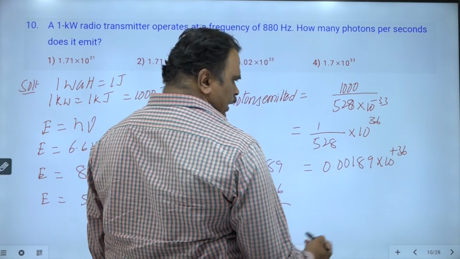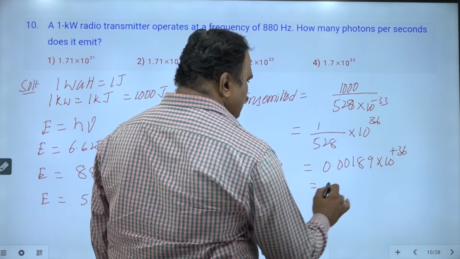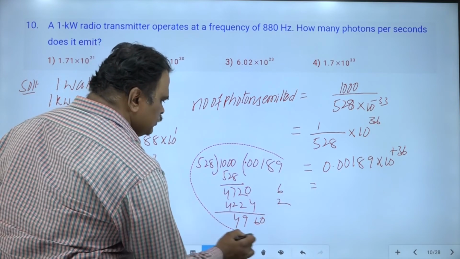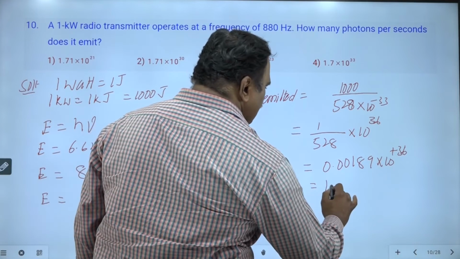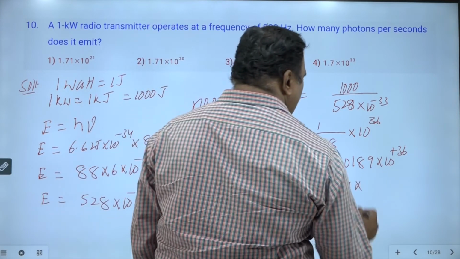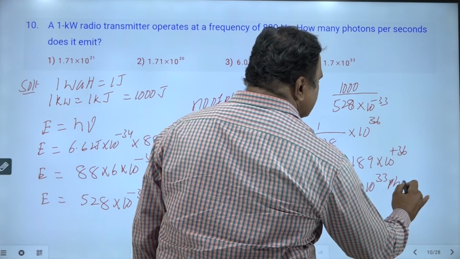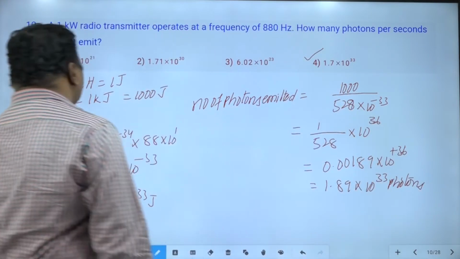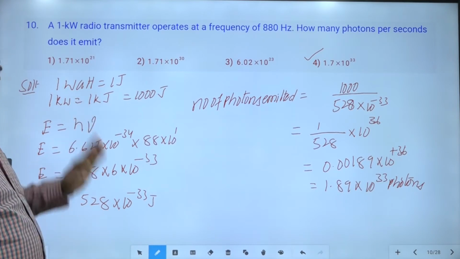Okay. Now 1, 2, 3. It can be written as 1.89 into 10 power 33 photons. So the option becomes the fourth. 1 watt is nothing but 1 joule. 1 kilowatt equal to 1 kilojoule.